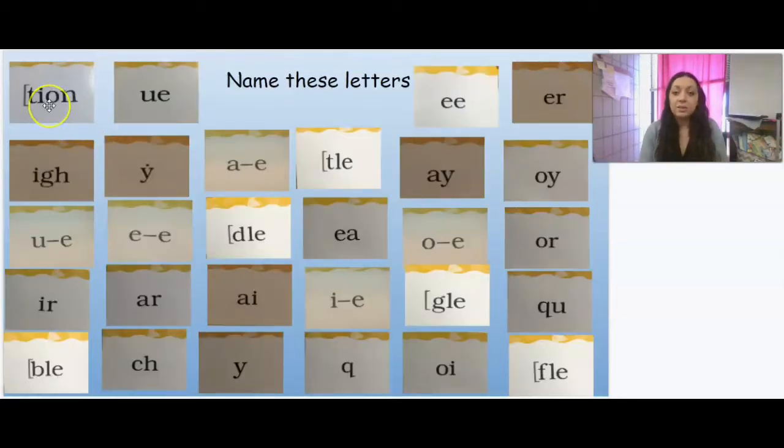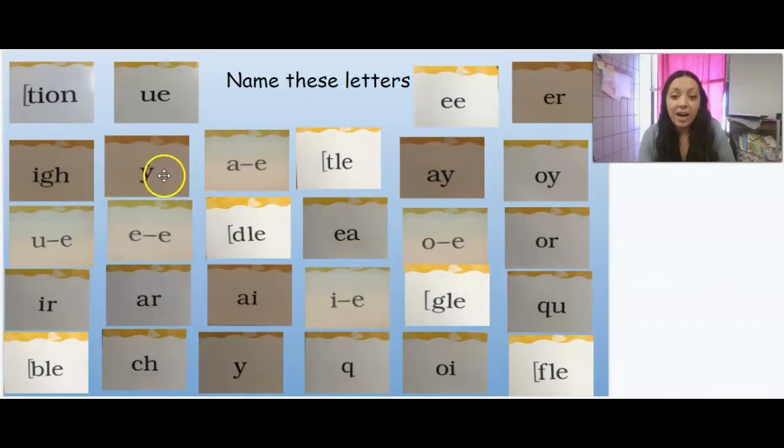Are you ready? So my first letter card is final syllable T-I-O-N. Then I have digraph U-E, digraph E-E, combination E-R, trigraph I-G-H.